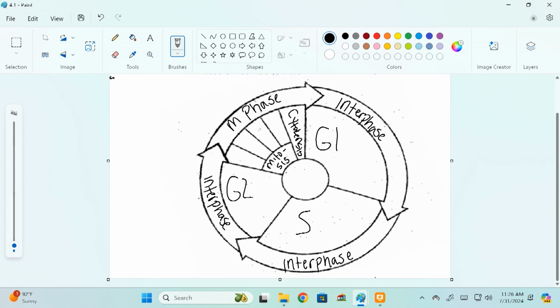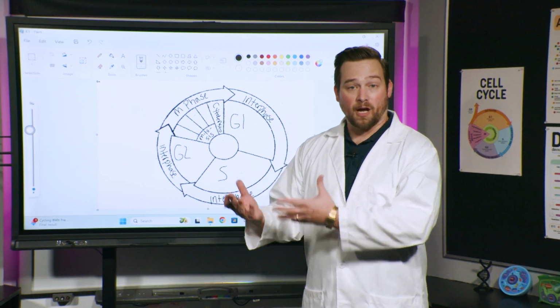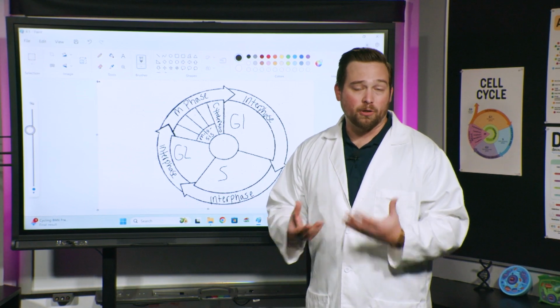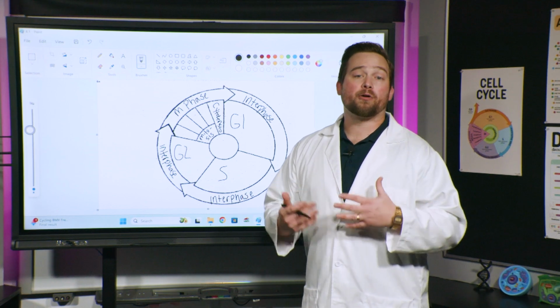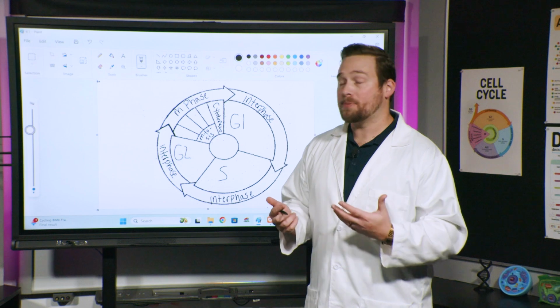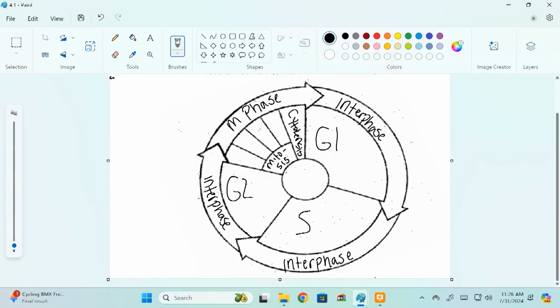Great. Okay, so really all we have left to do here is to label the 4 different parts of mitosis. There are 4 smaller phases of mitosis, and I gave y'all a little acronym that might help make it easier to remember these. So try to remember PMAT, okay, PMAT. What does PMAT stand for? Well, those are the 4 parts of mitosis.